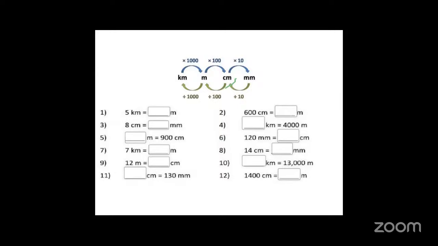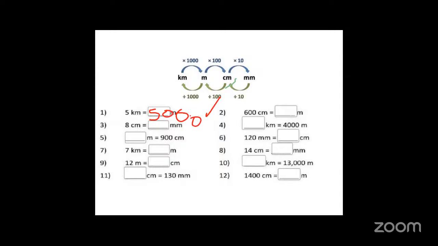Five kilometer to meter will be times 1,000, that is 5,000. Example 2, 600 cm to meter.